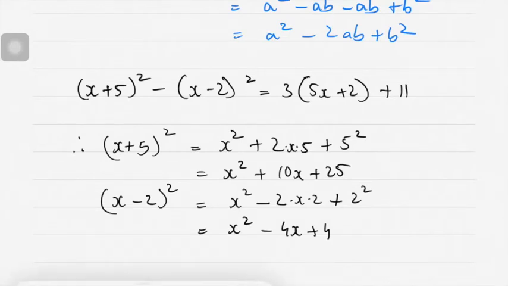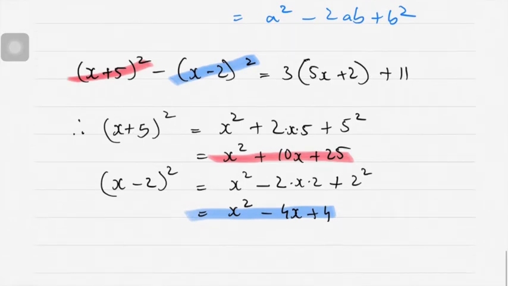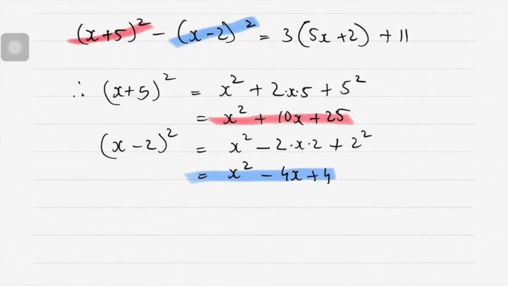So now instead of writing (x + 5)², I can write x² + 10x + 25, right? And instead of writing (x − 2)², I can write x² − 4x + 4. Correct? So let's do that.